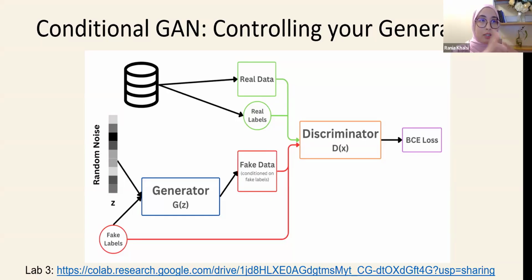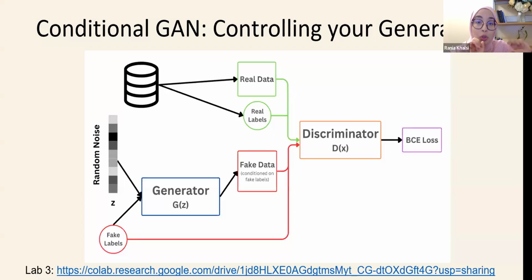And in order to summarize before moving to the lab, the idea is simple. We have a regular GAN that generates anything. But in a conditional GAN, we generate given the condition, like what you ask it to do. It's not going to generate random images.